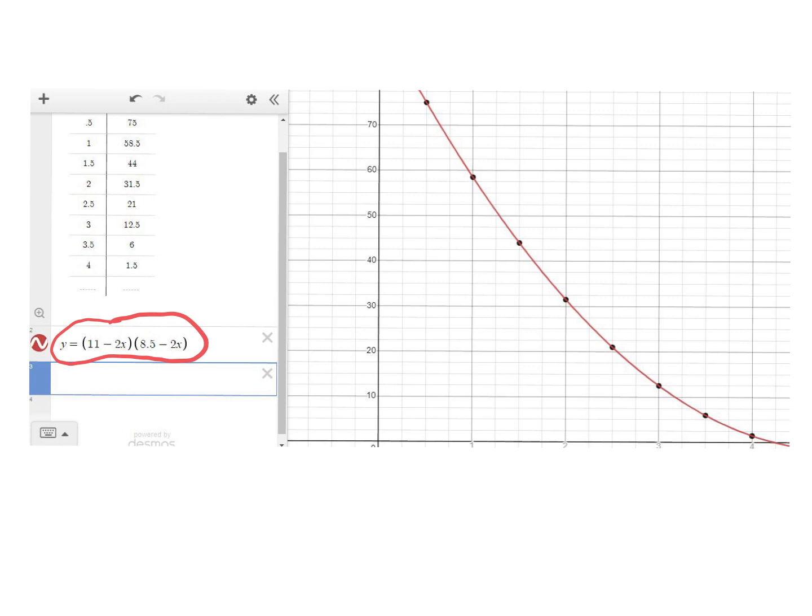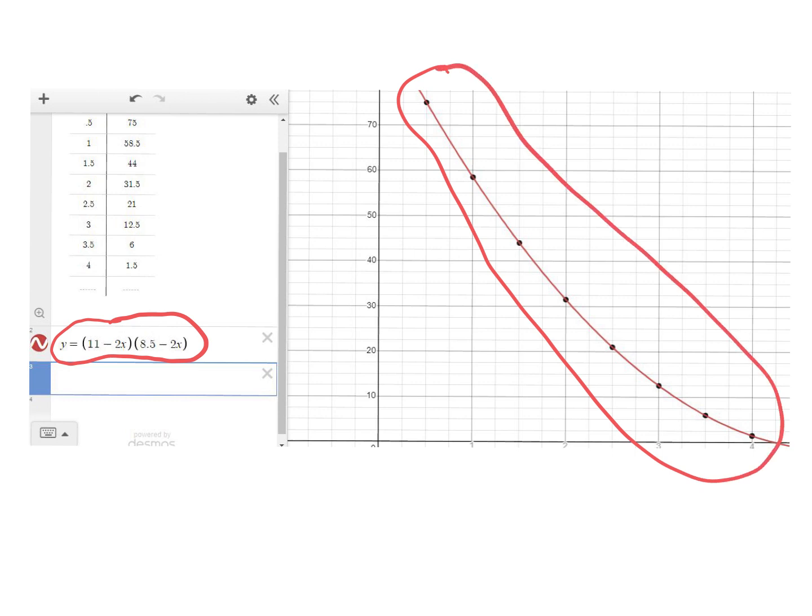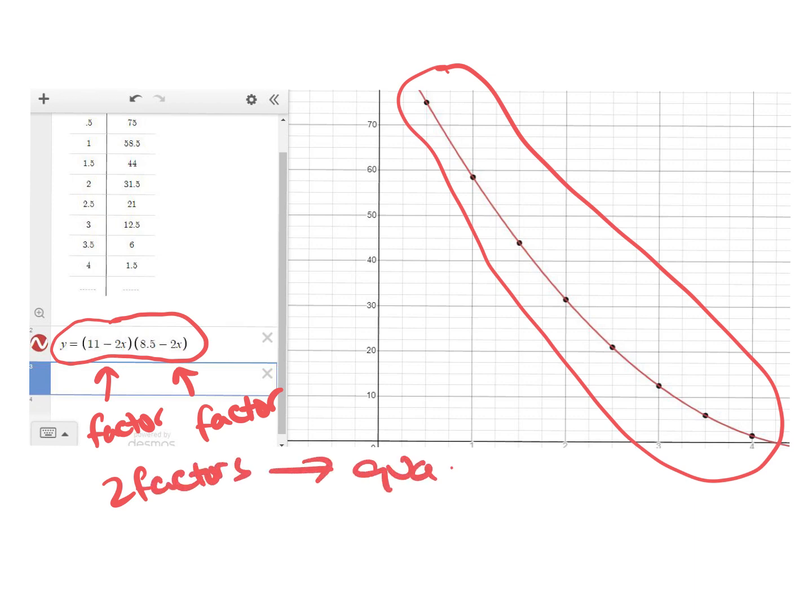Notice that the curve went through all of my data points. Since I have two factors, this is a factor, and this is a factor, and anytime we have two factors, we are going to have a quadratic equation.